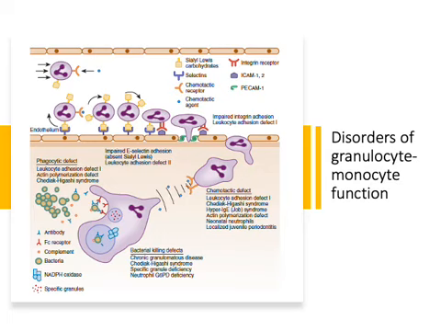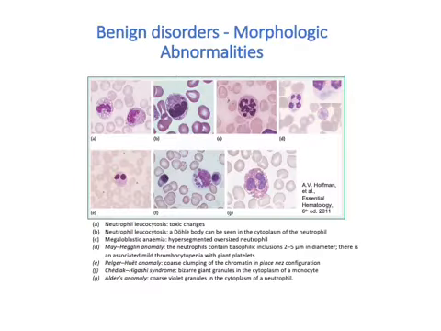Benign disorders, on the other hand, are either inherited or acquired conditions that affect the granulocyte morphology. Most of these are benign, such as your Pelger-Huët anomaly, wherein you have bilobed neutrophils instead of the 3 to 5 lobe segmenters.